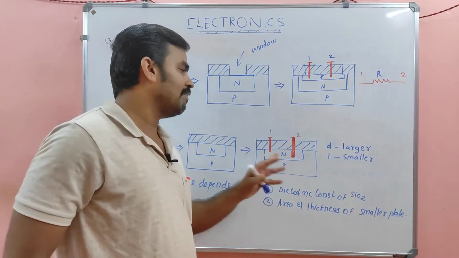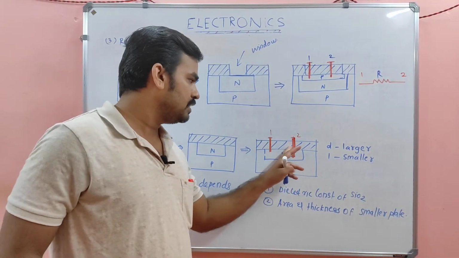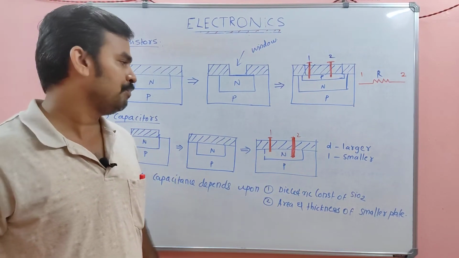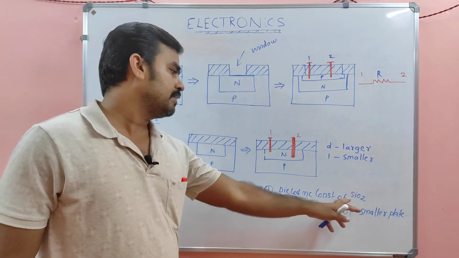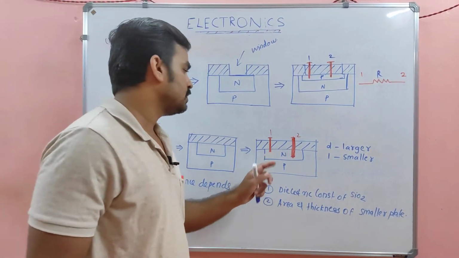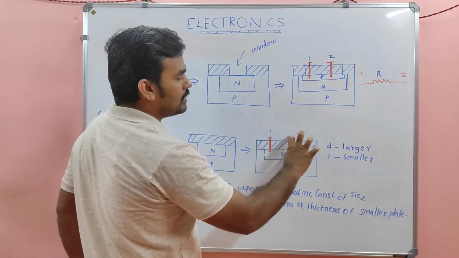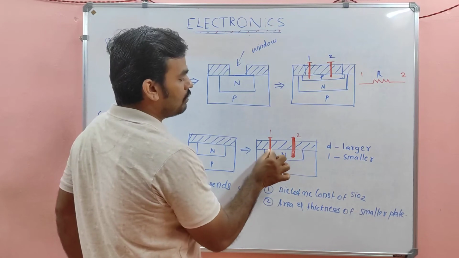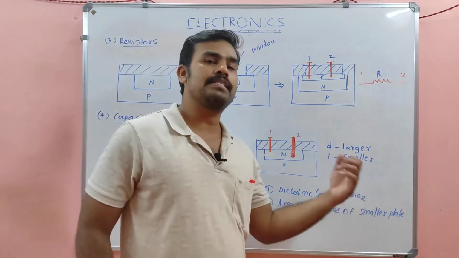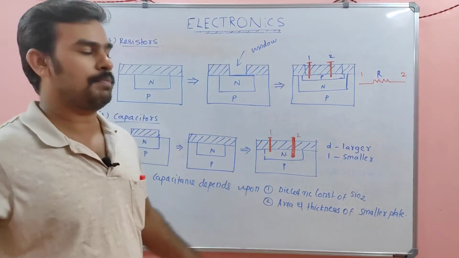The capacitance value depends upon the dielectric constant of SiO2, because in between these plates there is SiO2. So it depends on the dielectric constant of SiO2 and the area and thickness of the smaller plate, because the smaller plate's area and thickness are common to both plates.